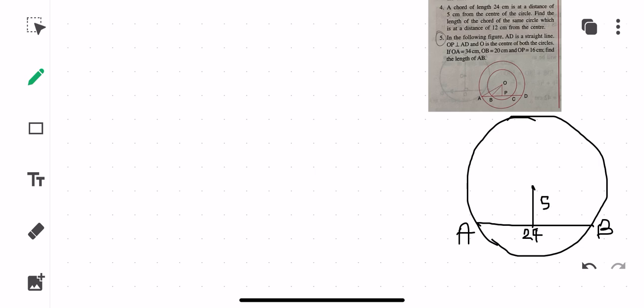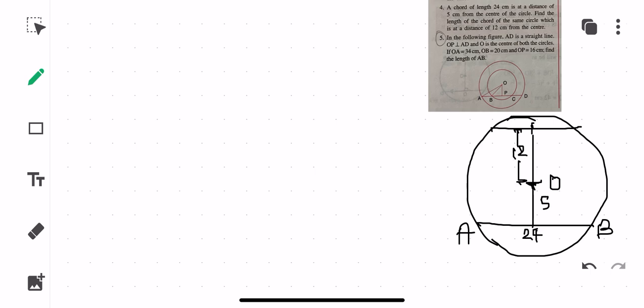Find the length of another chord which is at a distance 12 centimeter. So this is 5, children. Suppose this is my O, and then you have been given that there is another chord which is at a distance of 13 centimeter. 13? No, 12, children. So this particular distance is given as 12.